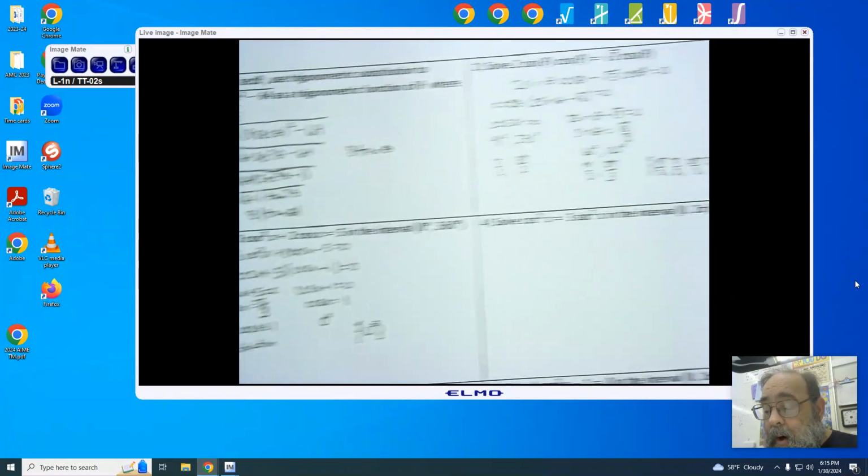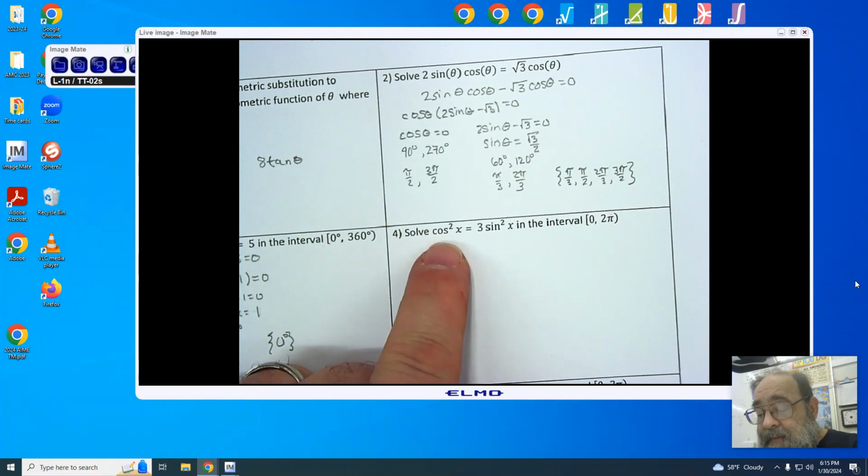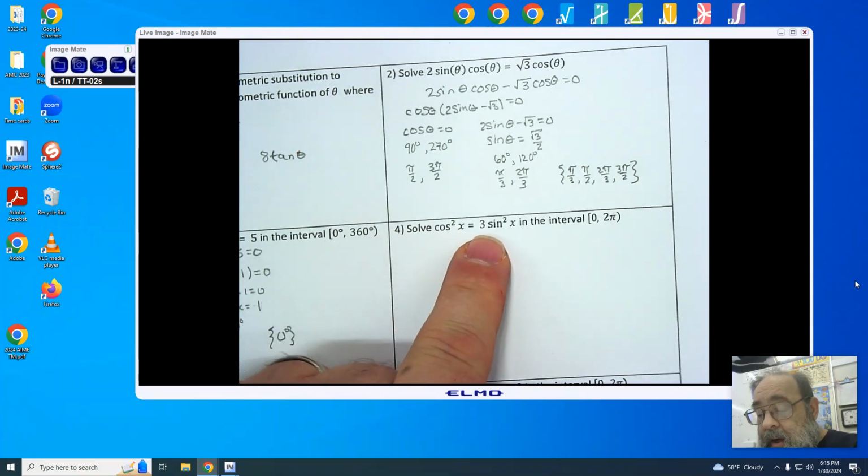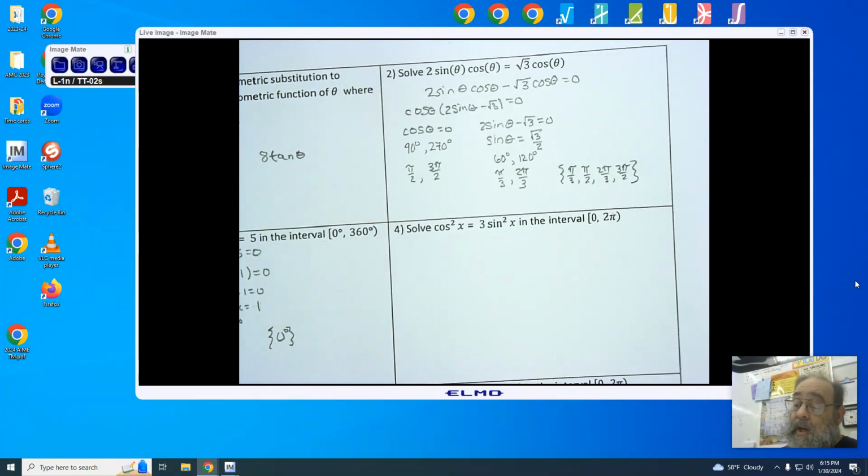Going to number 4. Notice that I have a cosine squared x equaling 3 sine squared x. And I'll be very honest with you, the best way for us to deal with this is to turn it either into a cotangent squared, which would equal 3, or a tangent squared, which equals 1/3.